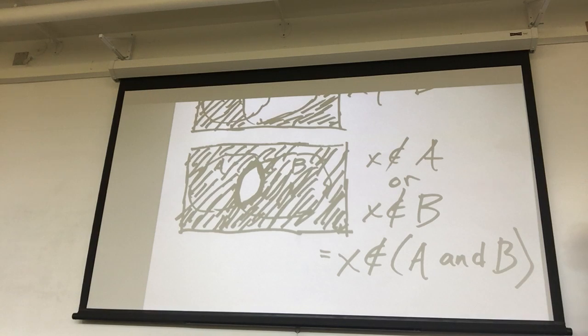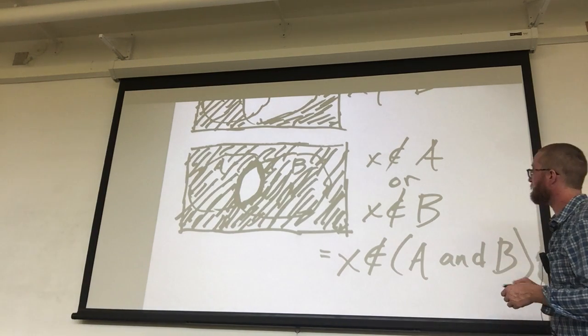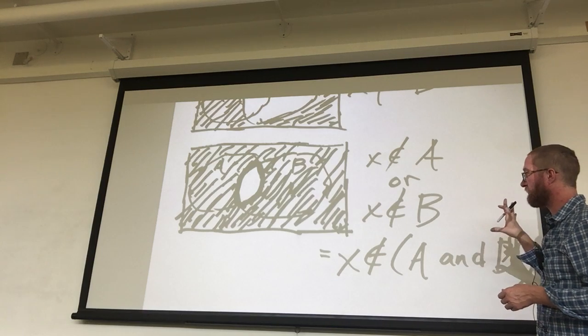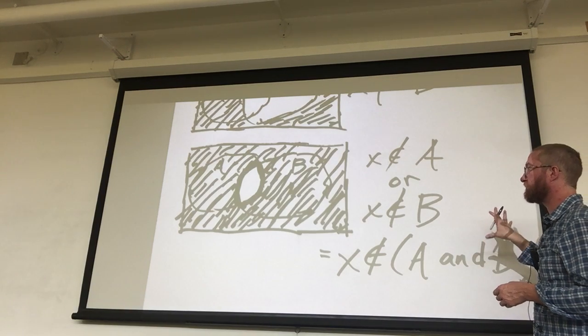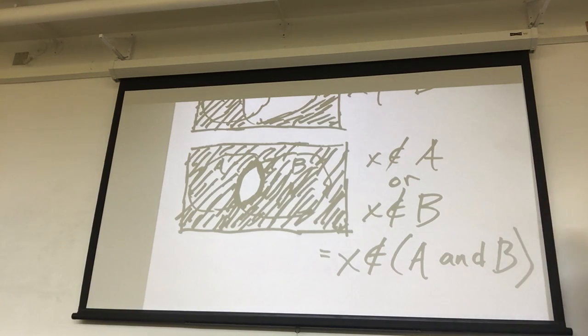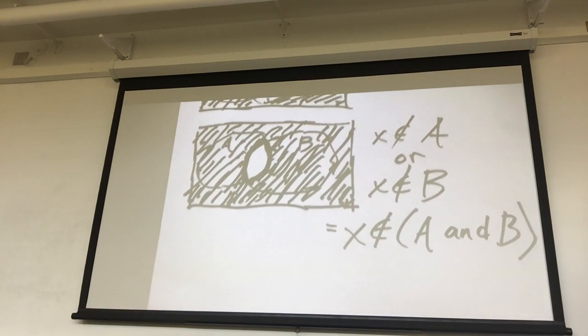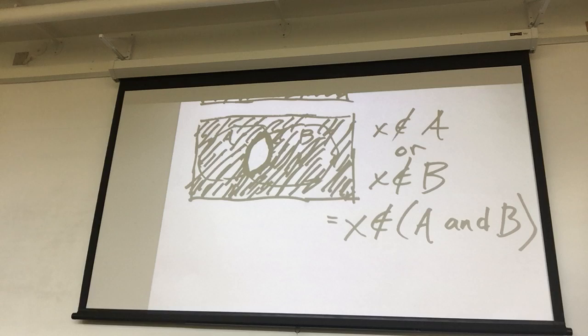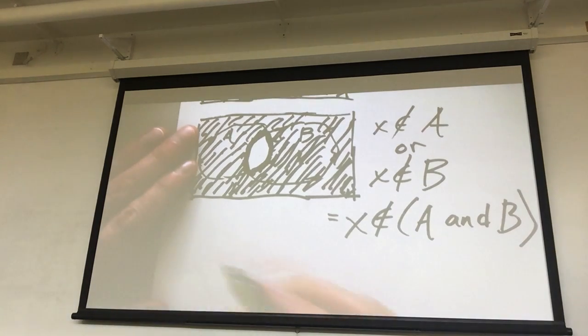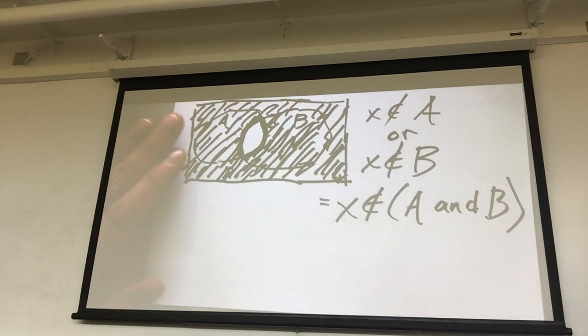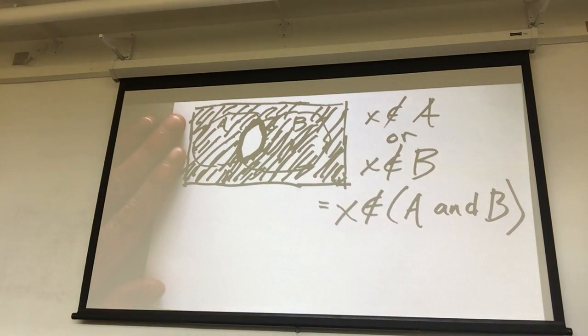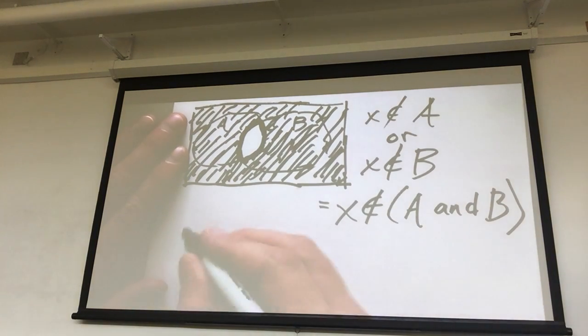Okay, so I'm kind of loosely writing this, but what would be the symbolic way that we would actually write this? X is not in A or X is not in B is equal to X is not in A and B. And I already wrote this once, but I'm going to write it again to try to reinforce this.